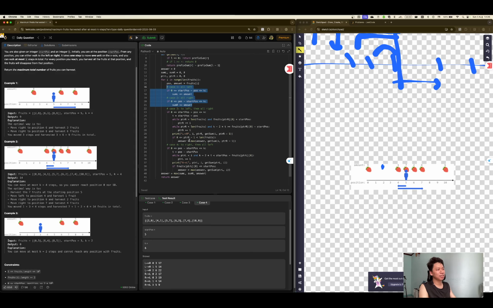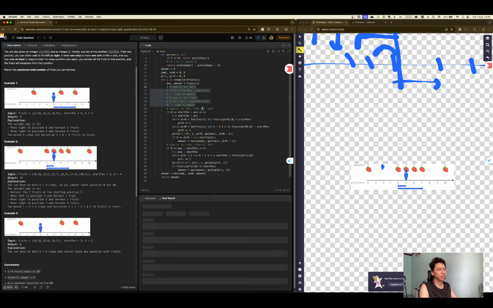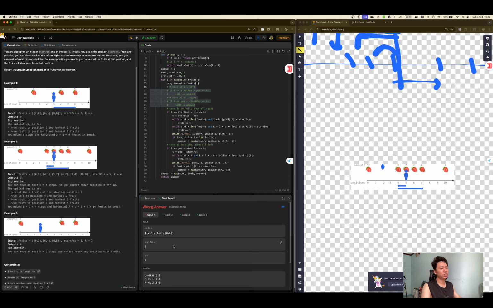We don't need this case. Actually, it is already served in this too. So I want to turn off this case, and it must still be true. If not, we need to think about it again.